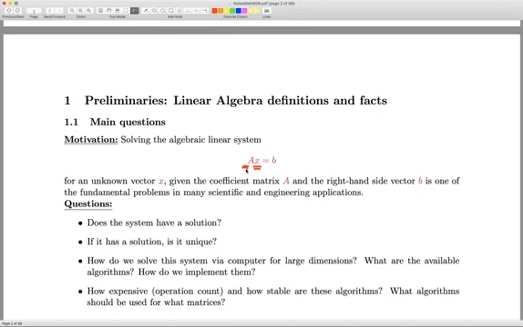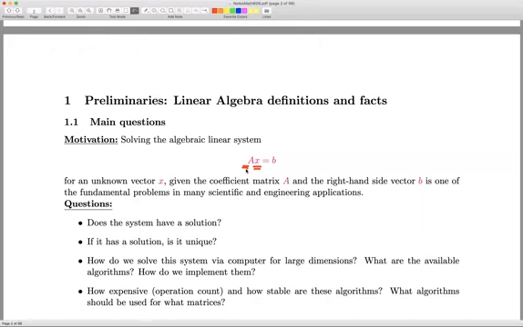And in general, a lot of problems from real life are problems that, in order to solve them, we end up solving a certain algebraic linear system. And so algebraic linear systems are fundamental problems in many scientific and engineering applications.